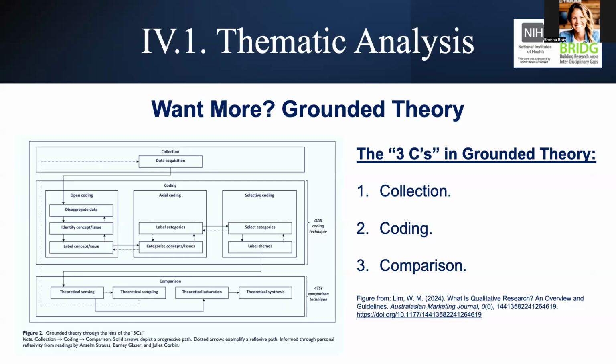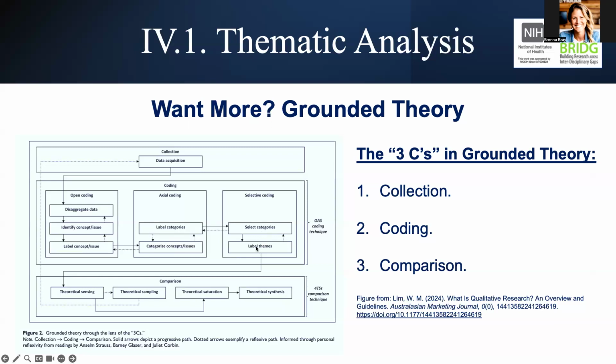Once we've got our initial codes, then we're going to move into axial coding, which is really identifying categories. So we might have our individual concepts or issues, our individual codes, and we'll start to identify categories that our individual concepts, issues, or codes can fit into. Once we've got that, then we'll label the categories and we'll move into selective coding.